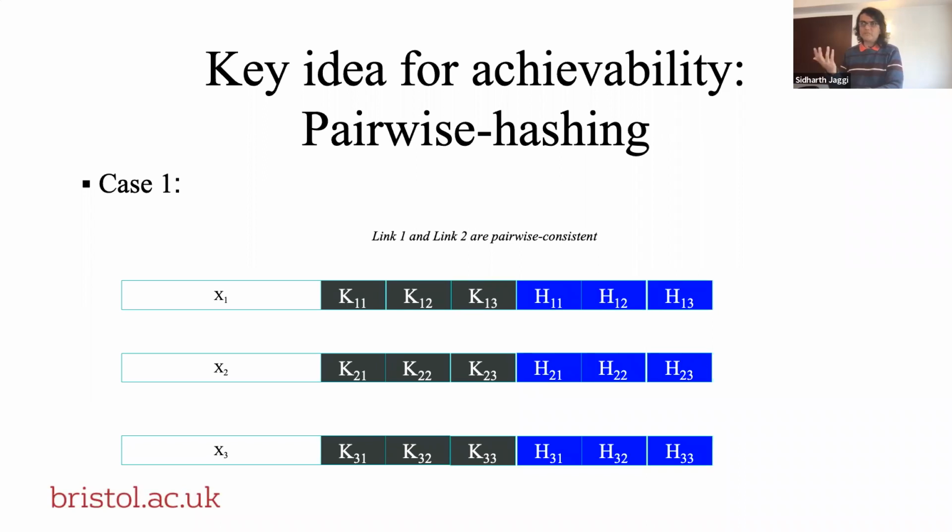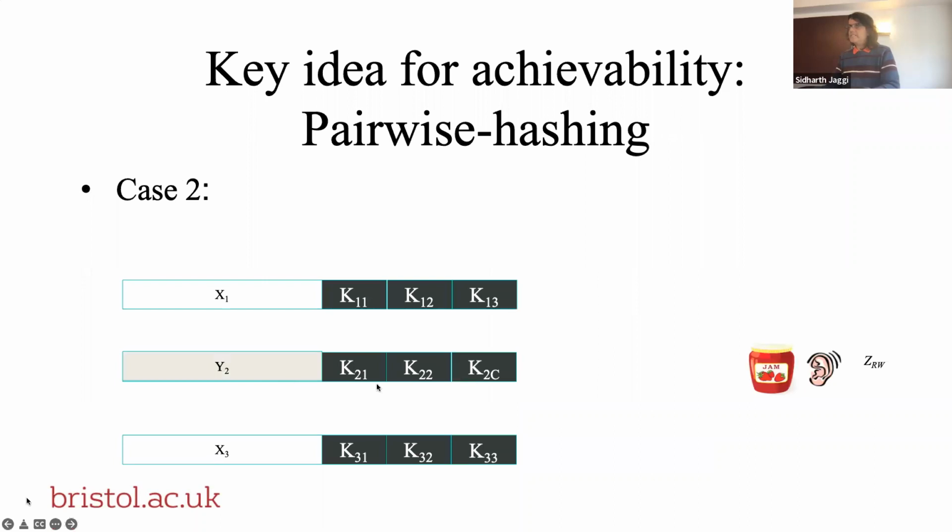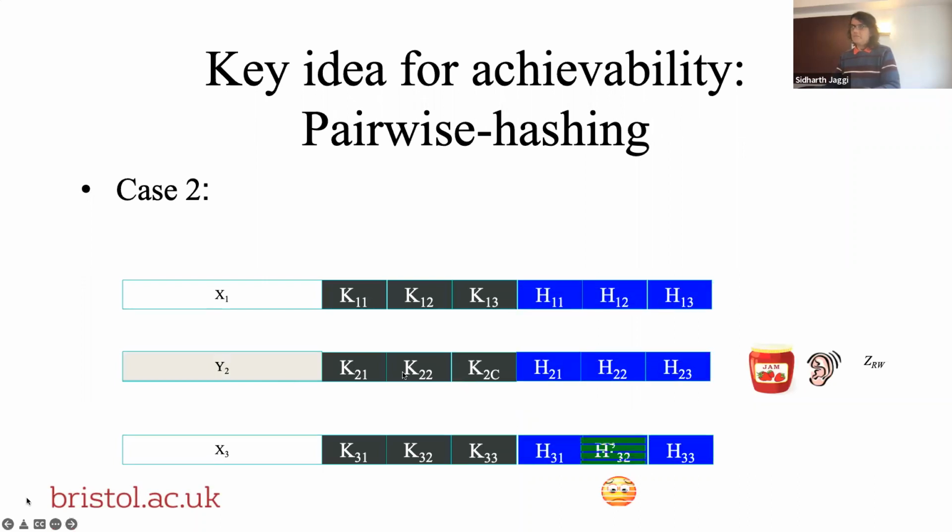So if nothing has been corrupted, the hashes are still pairwise consistent, right? On the other hand, if Calvin or James had jammed the second link, then the adversary James could have changed this in any manner he wished. He could have changed these keys to be anything else, these hashes to be anything else.